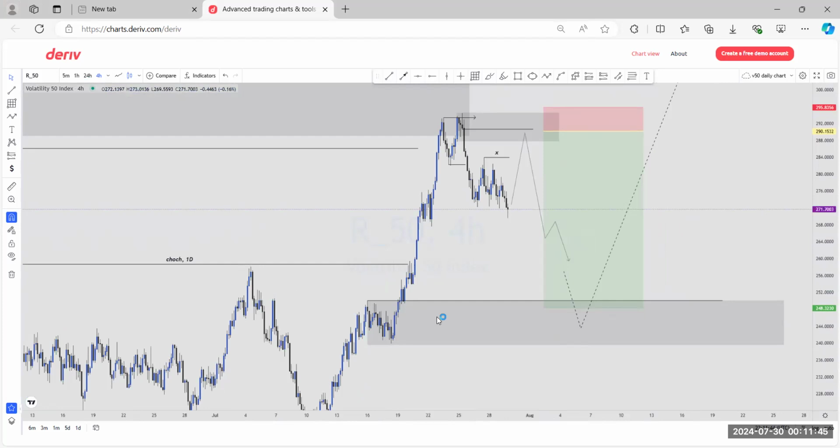So I have MT5 installed on my PC, and that is what I'm going to use right now to do the weekly time frame analysis. So let me share my screen.